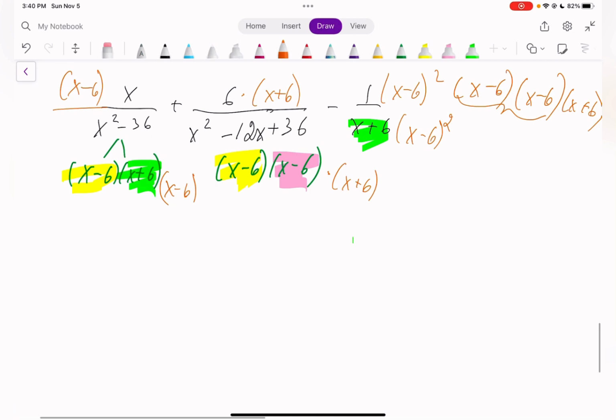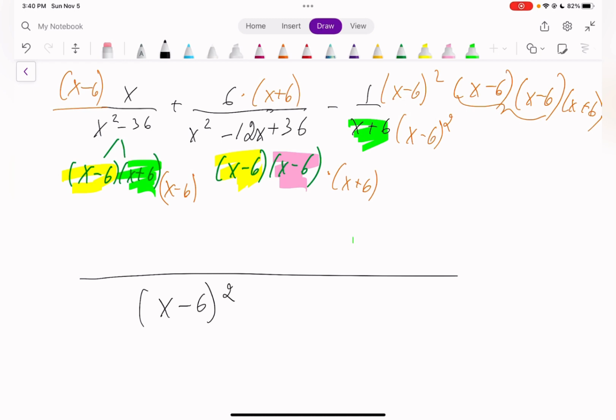All right, what do we get? Let me write down. We are getting x minus 6 squared times x plus 6. Let's see what we get in numerator. I'm multiplying x squared minus 6x, and then plus 6x plus 36. Now this is different.